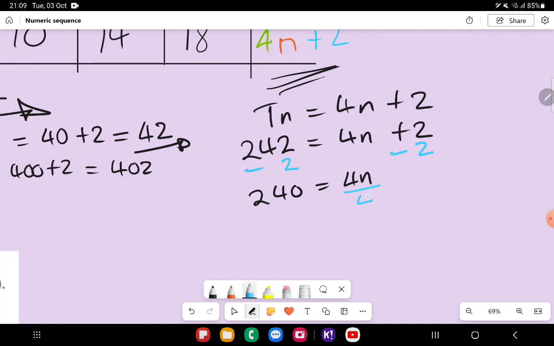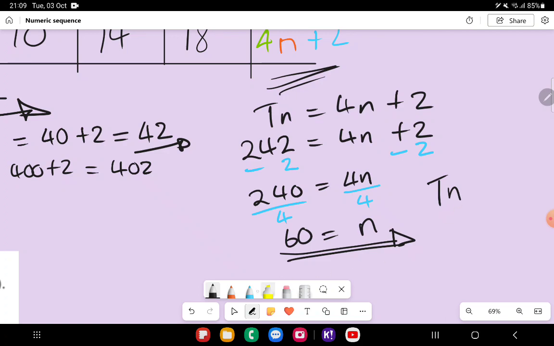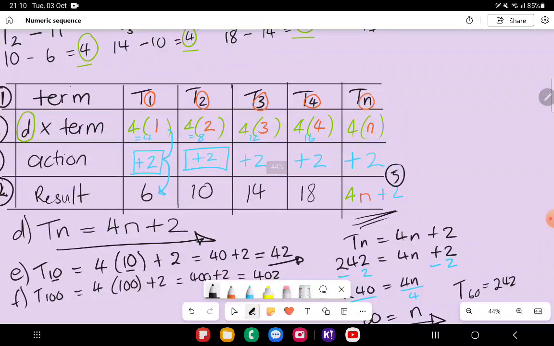Then I divide by 4 on both sides. And then I am going to say n is equal to 60. n is equal to 60. And that's my final answer. So term 60 is equal to 242.